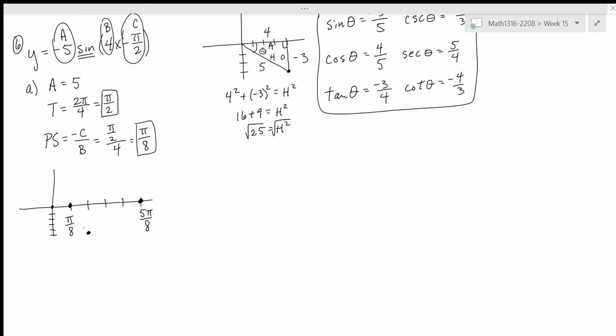What about the next hash mark? It's going to be back to the x-axis. Next hash mark. We're going to be up to positive 5. And we're going to finish on the x-axis.